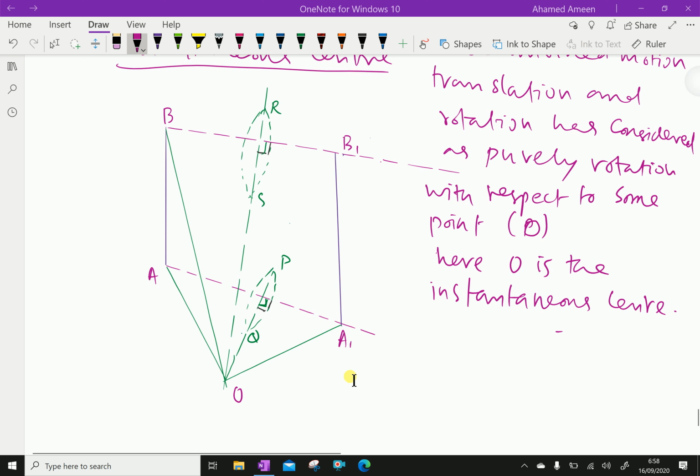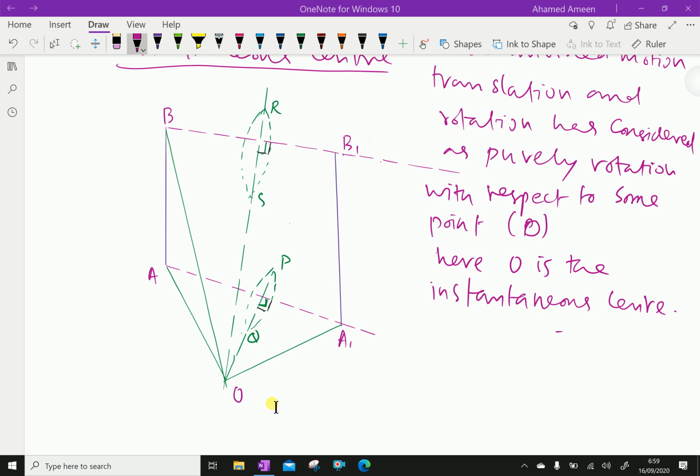Now find the perpendicular bisector of the line B dash B1, that is RS, and the perpendicular bisector of A dash A1, that is PQ. Now extend RS and PQ until they meet at some point O. That point O is the instantaneous center of the two motions.